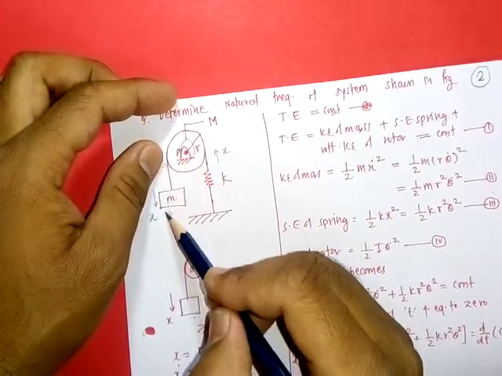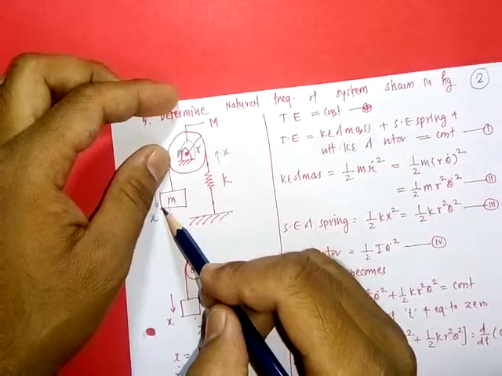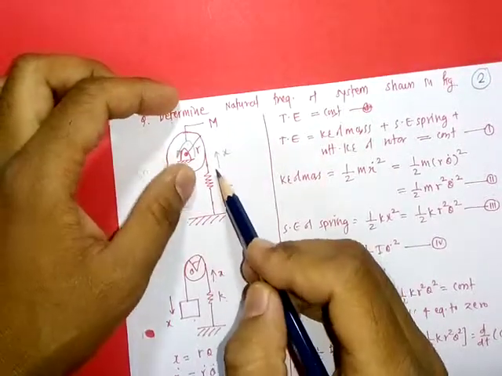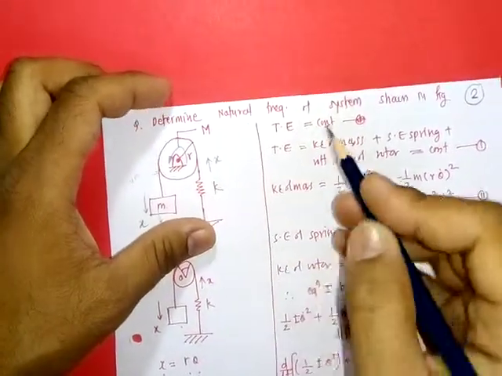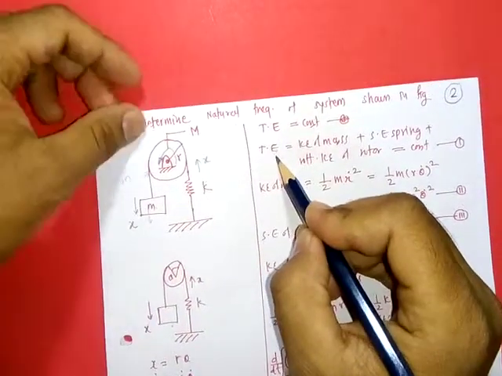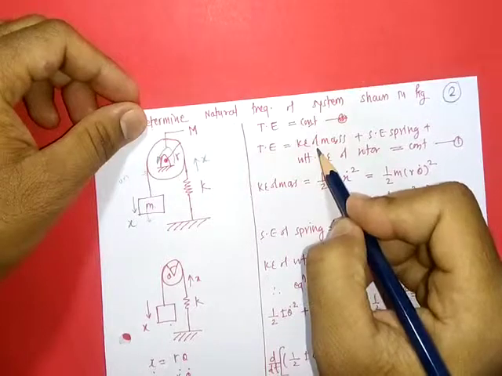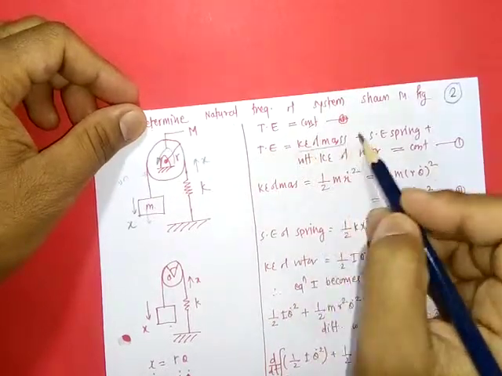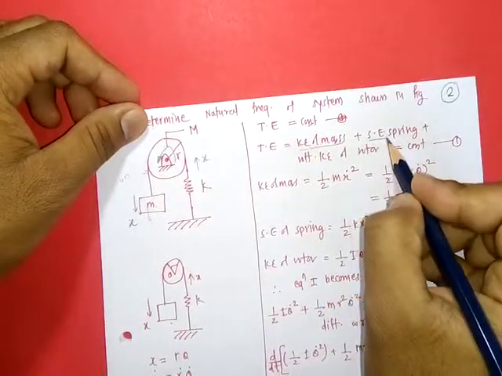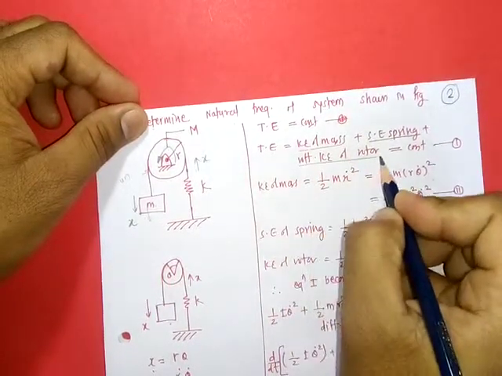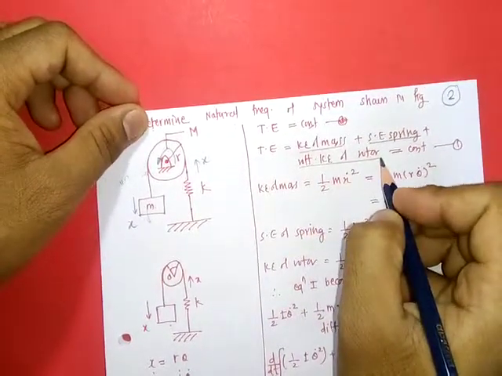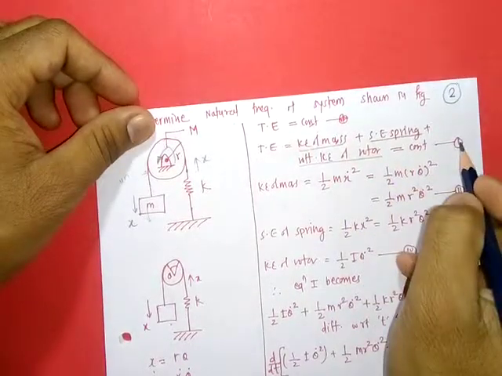Due to movement of the mass, it gets linear kinetic energy, and due to stretching of the spring, it gets potential energy. So the total energy in the system at any instant will be the kinetic energy of the mass, the strain energy in the spring, and the rotary kinetic energy of the rotor. This will be constant.